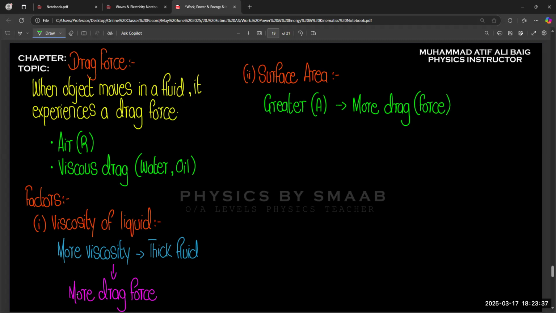So in this case, more molecules collide with the body, so there will be more force acting on the particle, right?